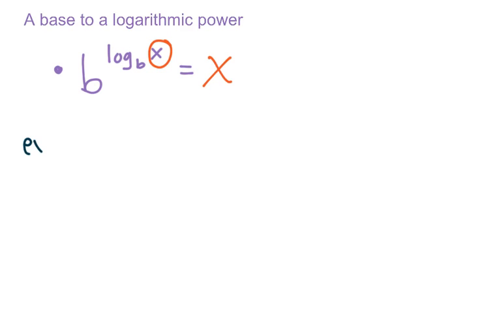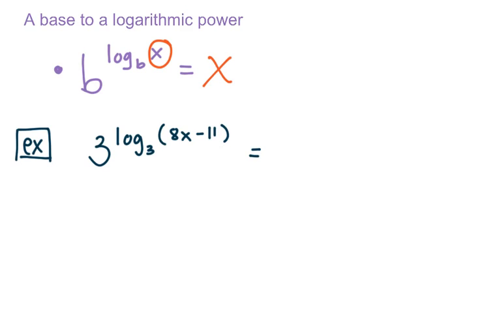So an example or two of this, we might have 3 to the log base 3 of 8x minus 11. Because I have a base 3 exponent with log base 3 in the power, those are going to cancel, and my answer is just 8x minus 11, the argument of that logarithm.